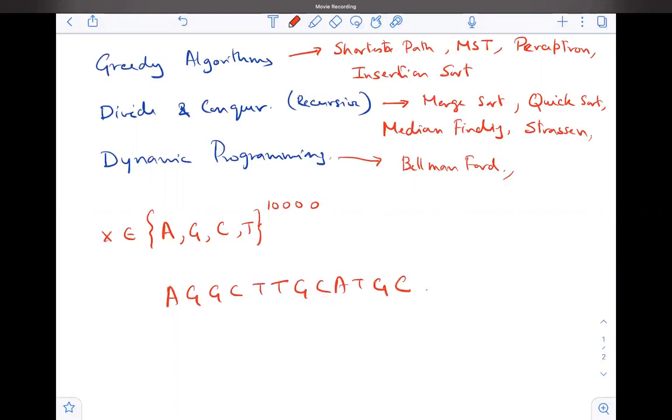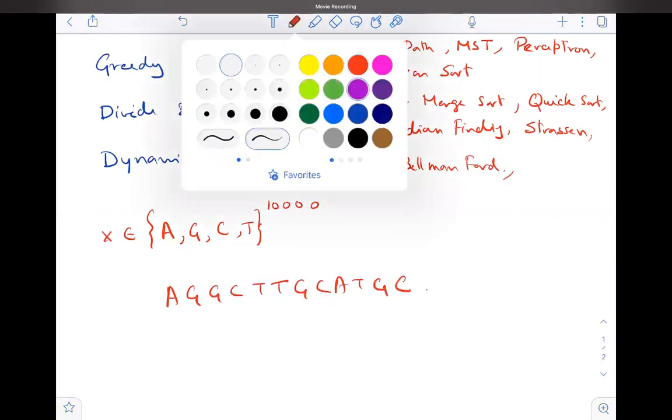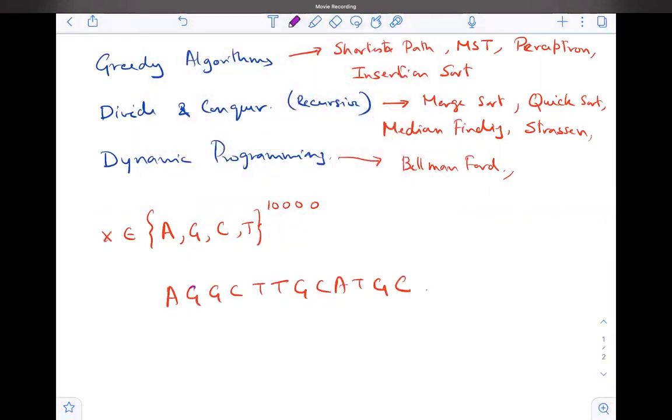Now, what is a subsequence? A subsequence is nothing but a selection of some of them. Like in this one, I can say G, G, T, G, A, T, C. This is a subsequence. A subsequence doesn't have to be contiguous.